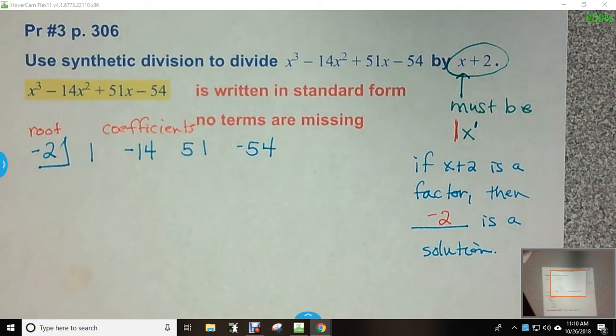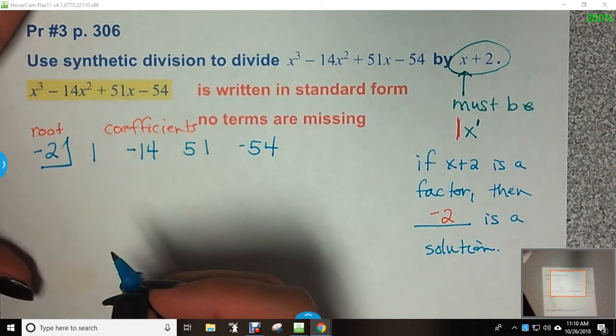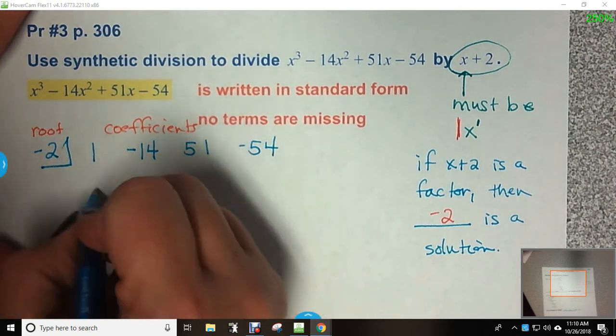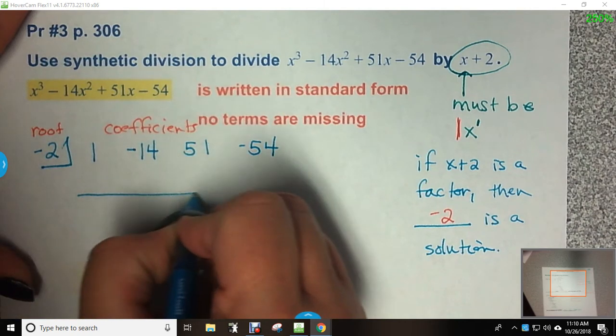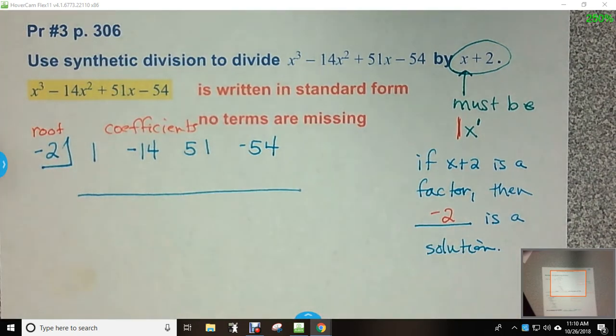And now, on your notebook paper, under the coefficients, I need you to skip a line and then draw a big, long equals bar. And for this problem, I'm going to draw lots of arrows. And it's going to get a little jumbled looking for this one, but I want you to see where everything's going. For the next problem, I won't draw any arrows.